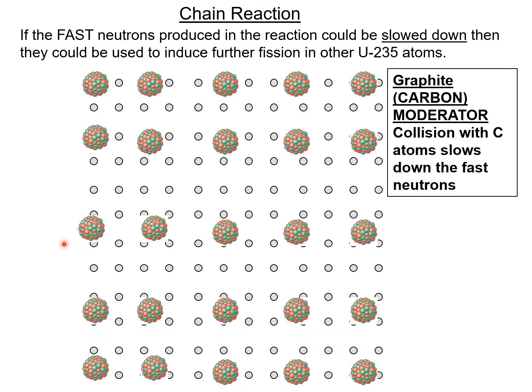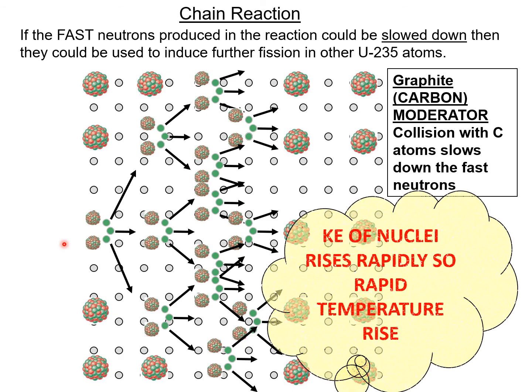So in a nuclear reactor, this is what's likely to happen. And the way we control that is by using something called a carbon moderator, which slows down the neutrons so that they can either collide and trigger more reactions, or if they slow down enough, they don't collide and trigger a reaction.